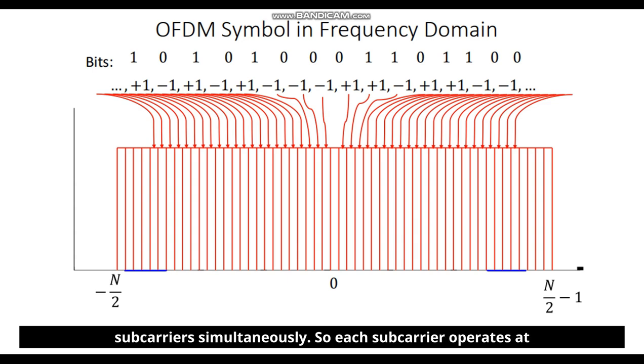So each subcarrier operates at a lower data rate, which makes it more robust to errors caused by multipath fading or interference. So unlike the generic case where the data are sent in a timely manner, we're sending the bits in different subcarriers in the frequency domain.